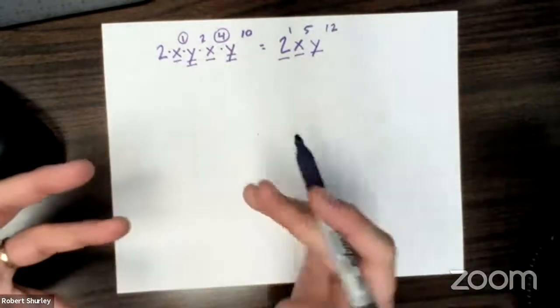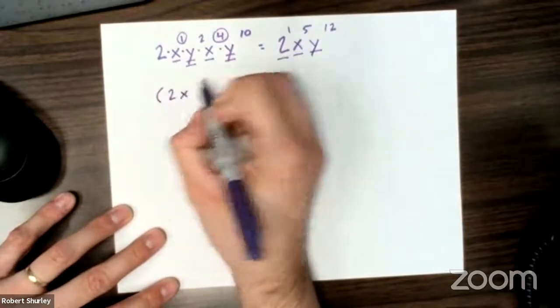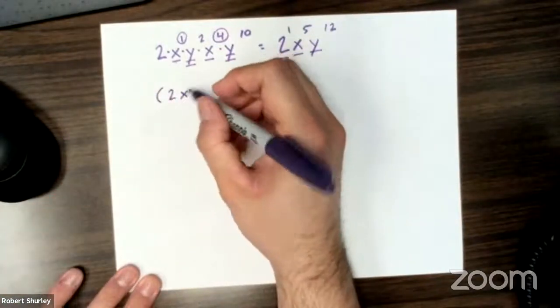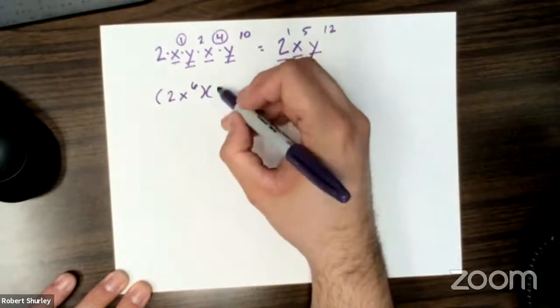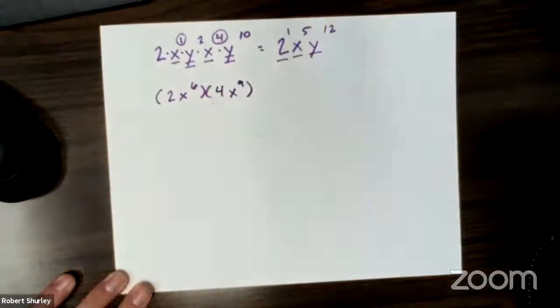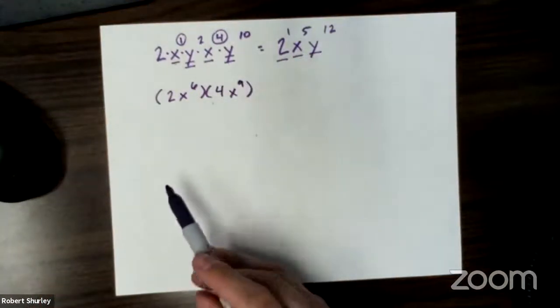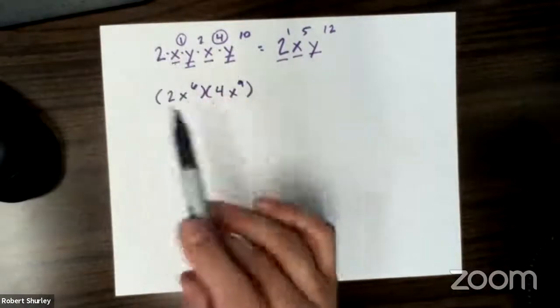So let's look at some other ones that just look different, but they're not crazy. Let's say we had parentheses going on with multiplication, let's say we had 2x to the 6th times 4x to the 9th. Now, this looks goofy because it's being multiplied, but look, it is the same as the one above it.